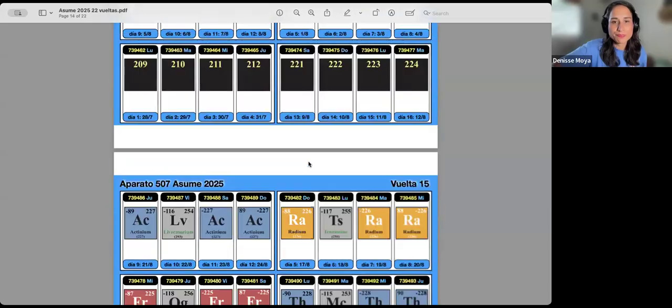Oh, I think I closed it. Hold on. So we were looking at the black spaces, right? Lab 14.